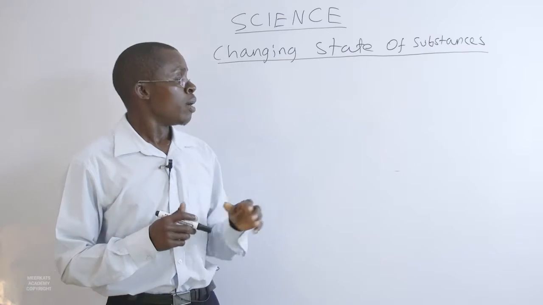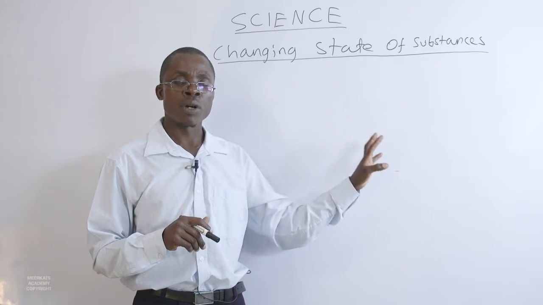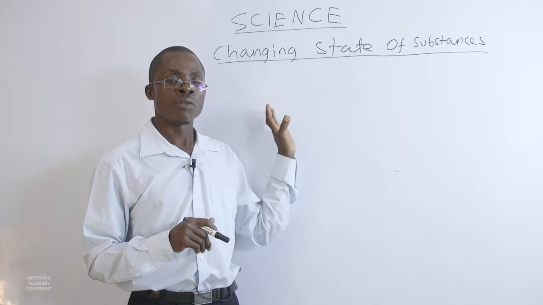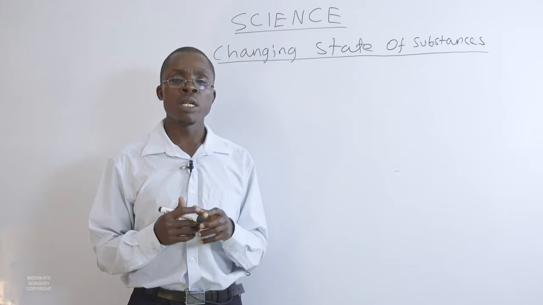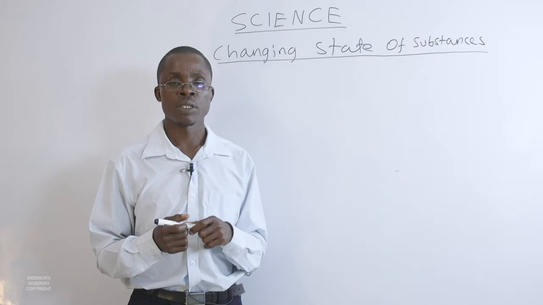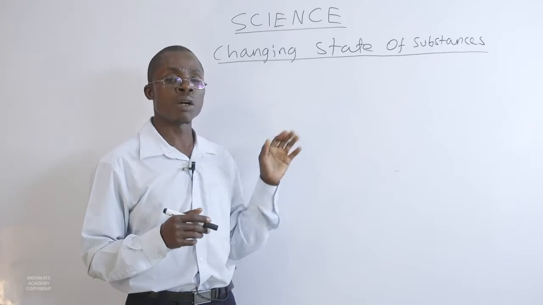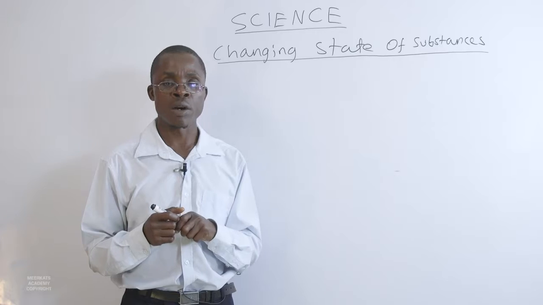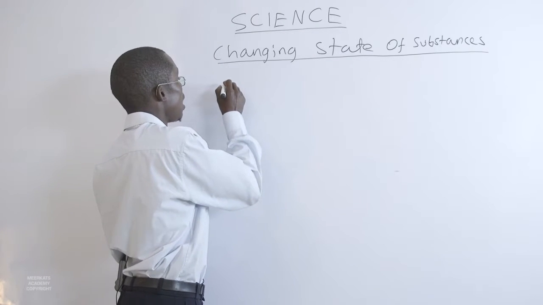So when you are talking about this process of melting, evaporation, condensation, freezing, sublimation, they can well be presented through graphs. So I want us to look at how you can represent the information I've just talked about on a graph. And we shall start with that of heating ice water.